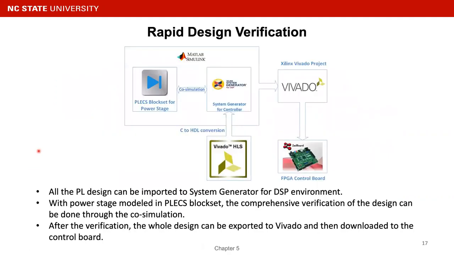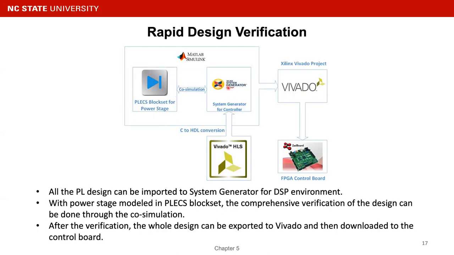And here's a more detailed look at our rapid design verification. As we mentioned before, in the MATLAB Simulink environment, we can include our Plecs block set to represent our power stage.